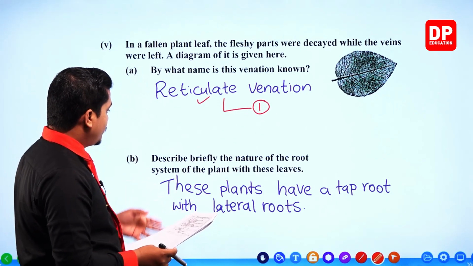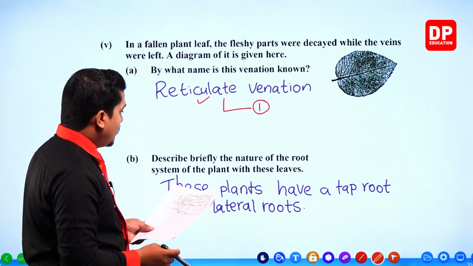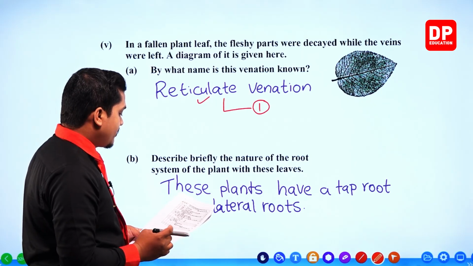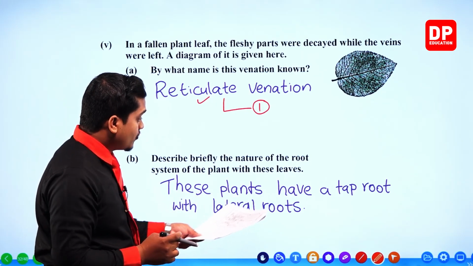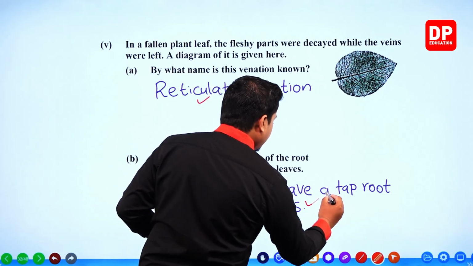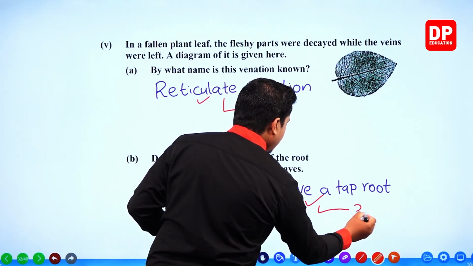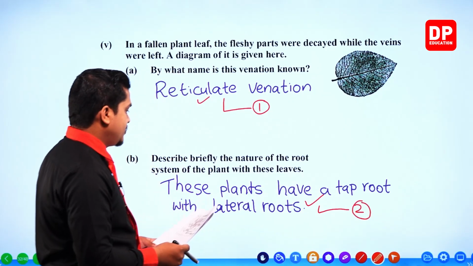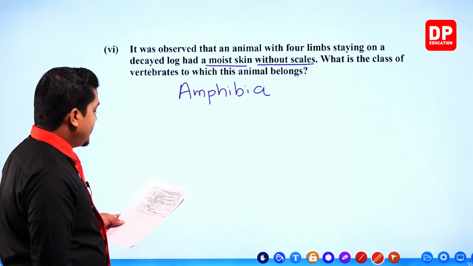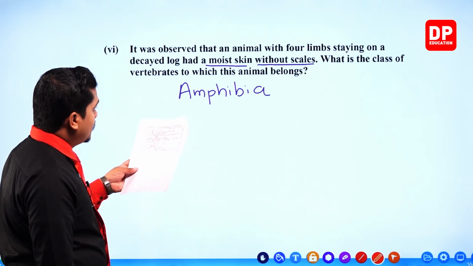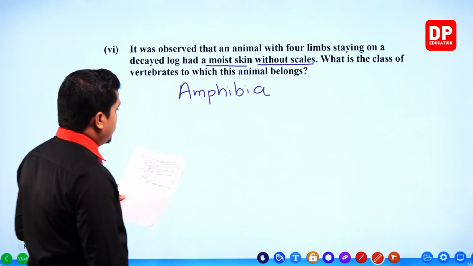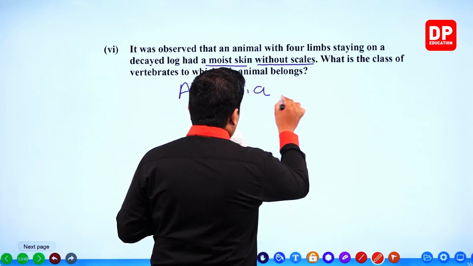Then my dear children, for describing the root system, having the lateral root system and the taproot system, you will be receiving 2 marks. Then for mentioning the answer as amphibia for the animal class, moist skin and without scales, you'll be receiving 1 mark.